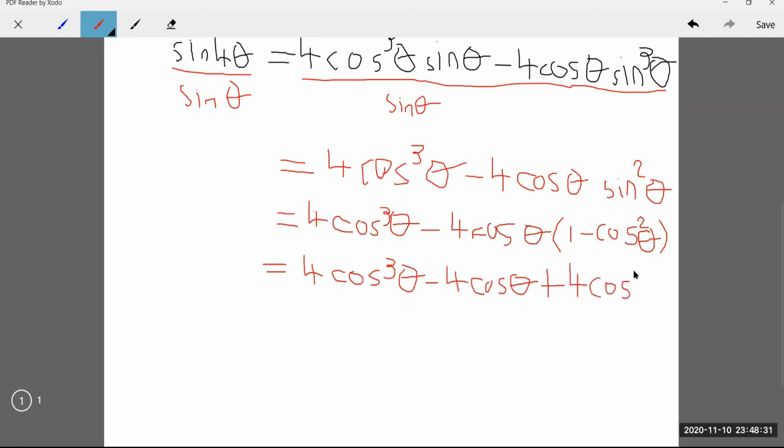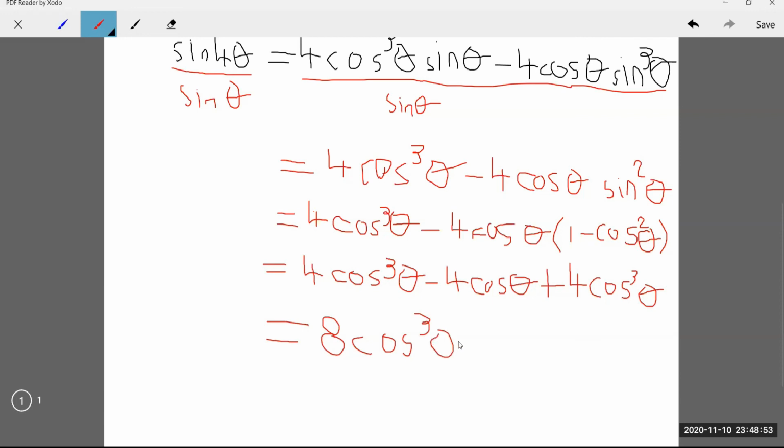So 4 cos cube theta plus 4 cos cube theta is 8 cos cube theta. We get 8 cos cube theta minus 4 cos theta.